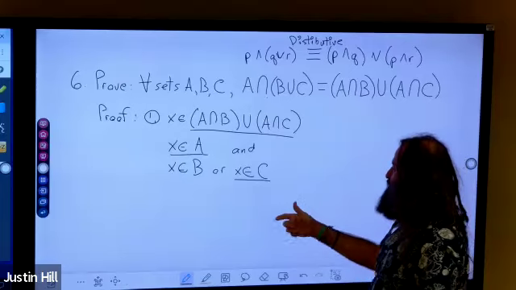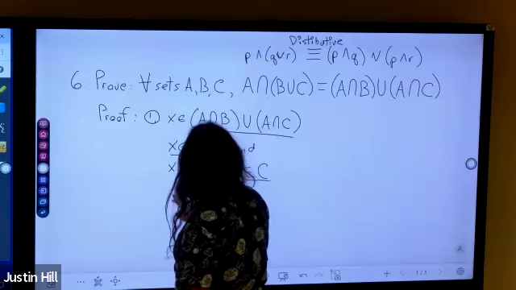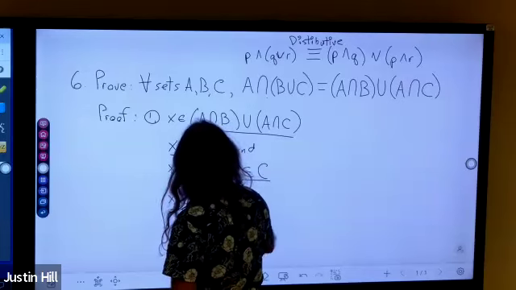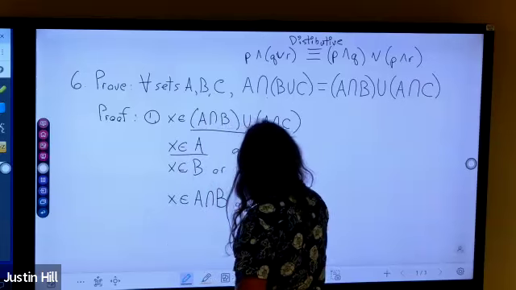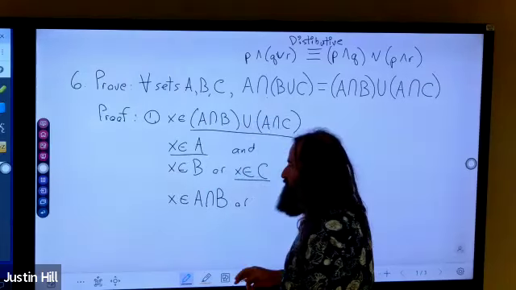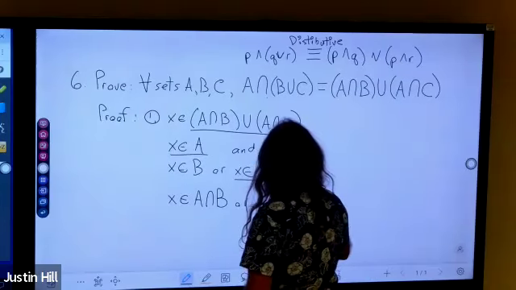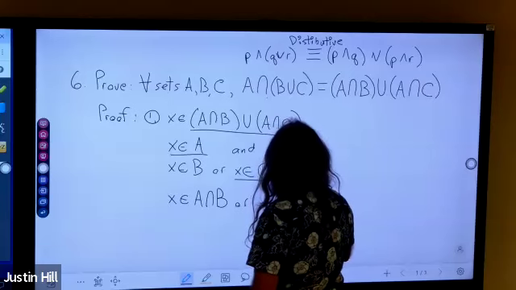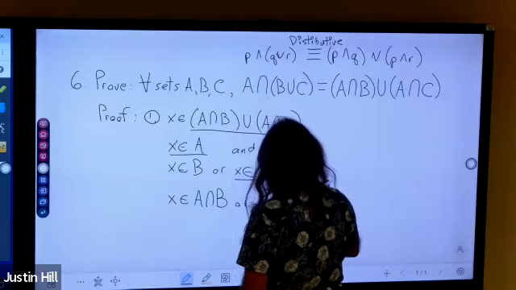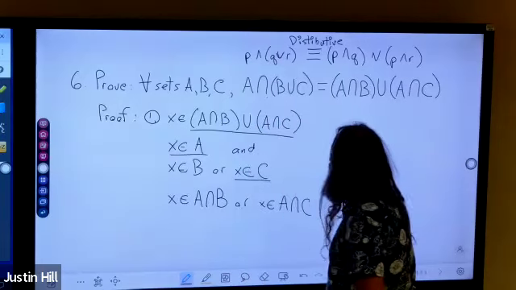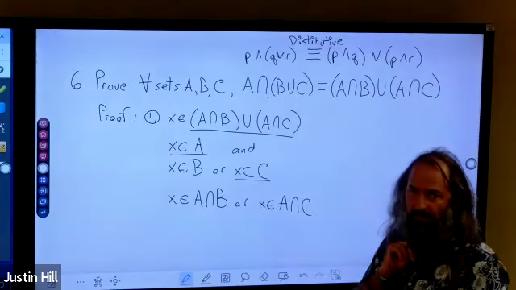And so then she says by cases 1 and 2, what we end up having then is X is in A intersect B. But we still have this or, X is in A intersect C. And so the key is then that or, I can retranslate that into what set operation?